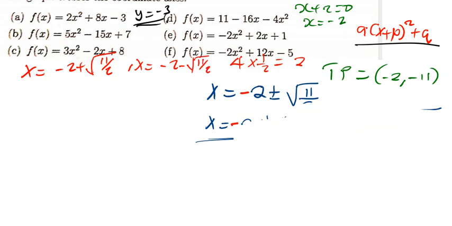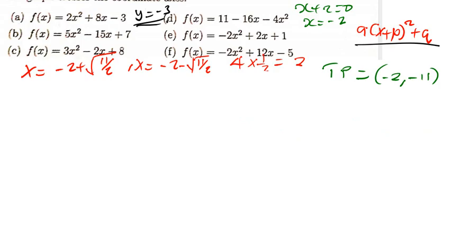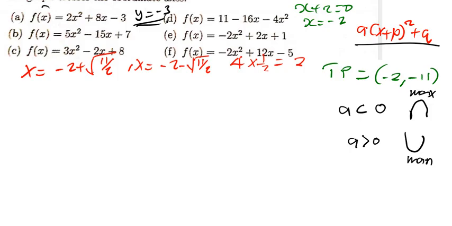So let's now try to sketch the graph. What is going to guide you is, if a is less than 0, the graph is going to have a maximum. If a is greater than 0, the graph is going to have a minimum. So here a is positive 1, so a is greater than 0. The graph is going to curve like this before I even solve.